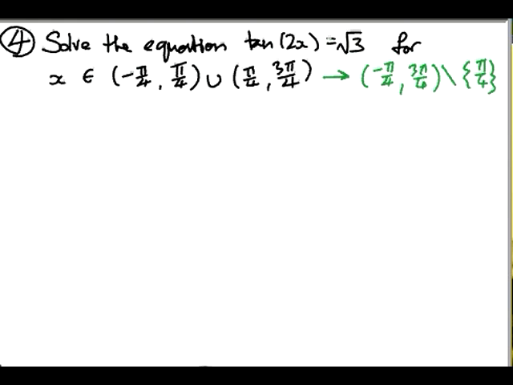Nothing scary here. Although I do want you to think a couple of things. The first thing to think is how many solutions do you expect? So you know that tan has a period of pi ordinarily, so tan 2x is going to have a period of pi on 2, right?